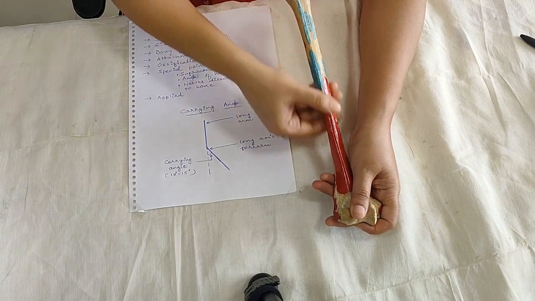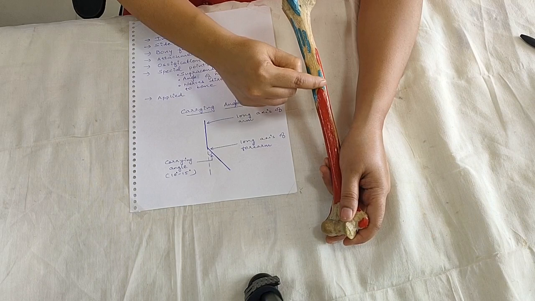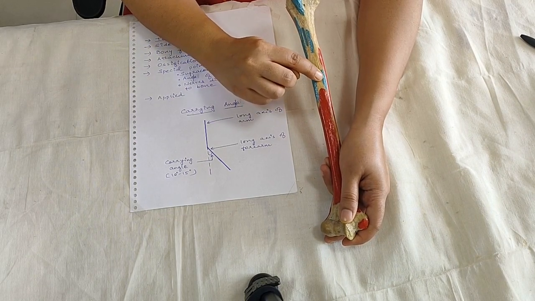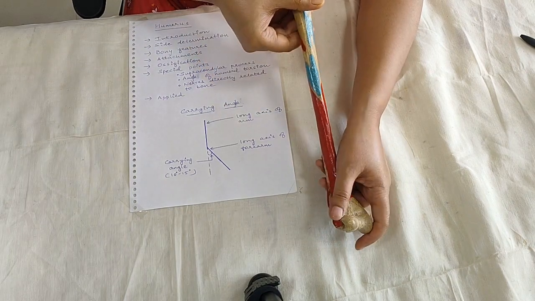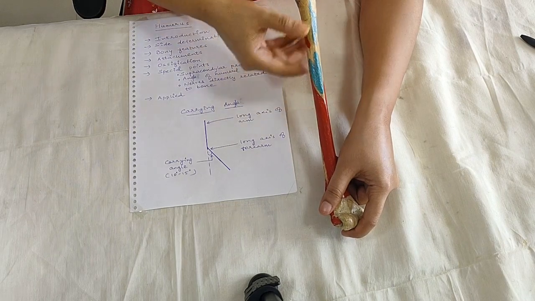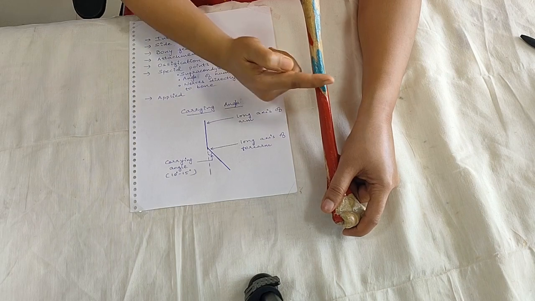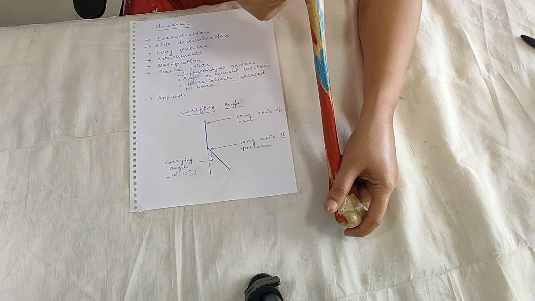Coming to the shaft, on the anteromedial surface, somewhere over the middle, there is insertion of the coracobrachialis muscle. On the anterolateral surface, on the deltoid tuberosity, there is insertion of the deltoid muscle, and the whole upper portion of the anterolateral surface is covered by that deltoid muscle.